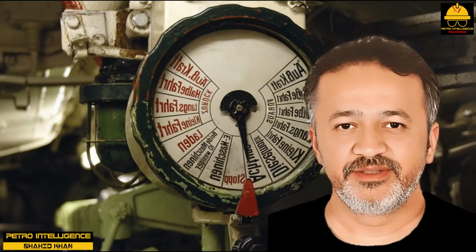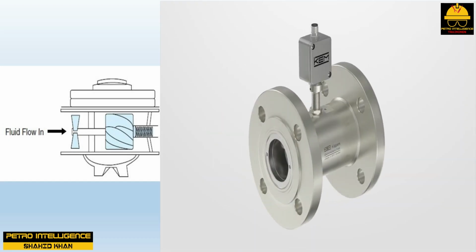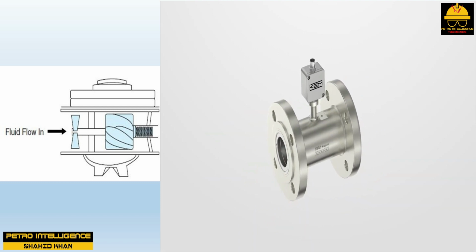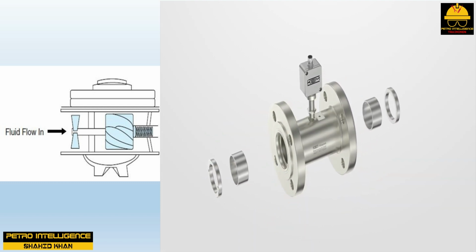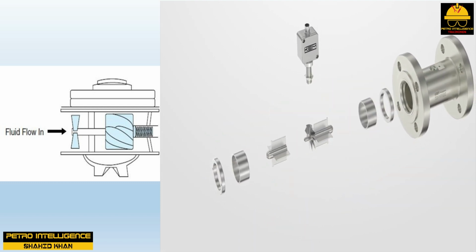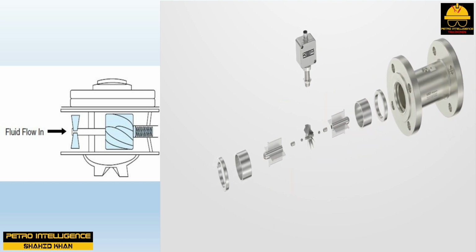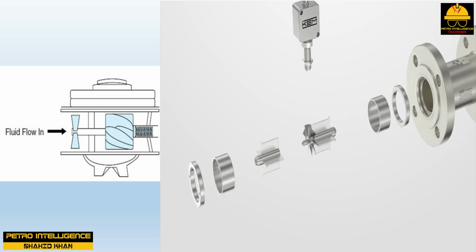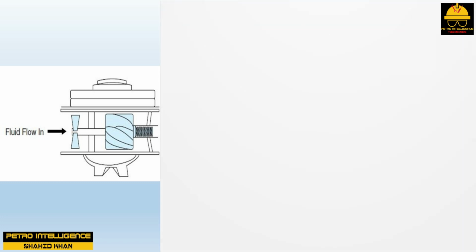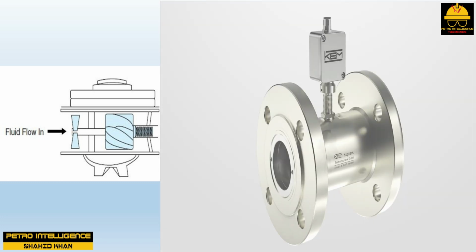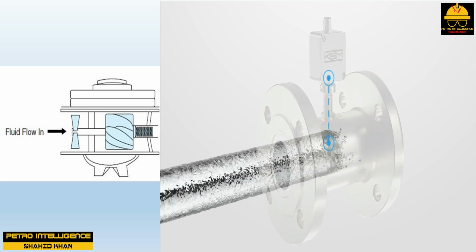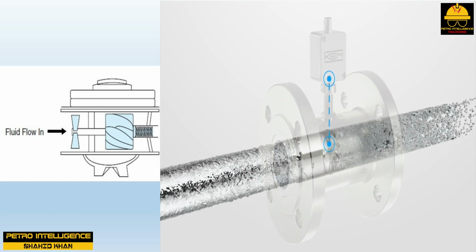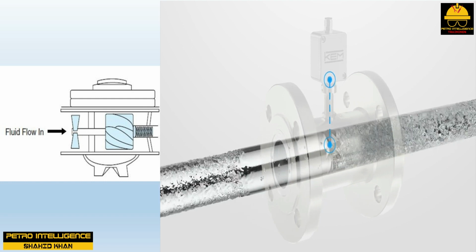Turbine flow meter. Turbine flow meters usually consist of a section of pipe with a rotor mounted in the pipe and a sensor on the outside of the pipe. As fluid enters the turbine flow meter, the turbine blades begin to rotate, as shown in the picture. The speed of the rotation is proportional to the velocity of the fluid. It is important to understand that flow velocity and flow rate are not the same.